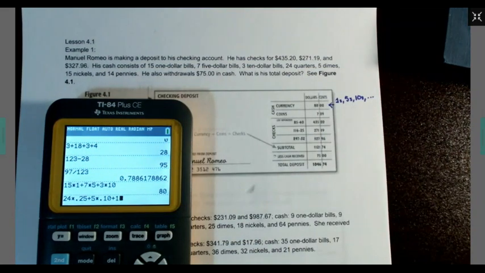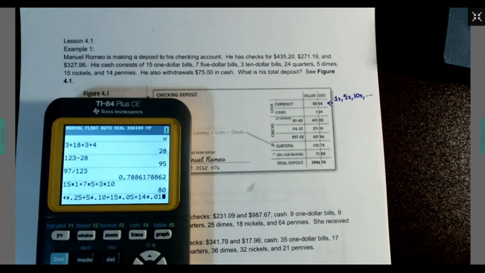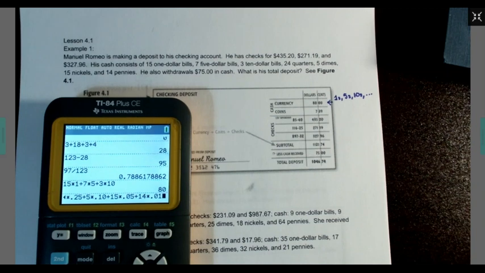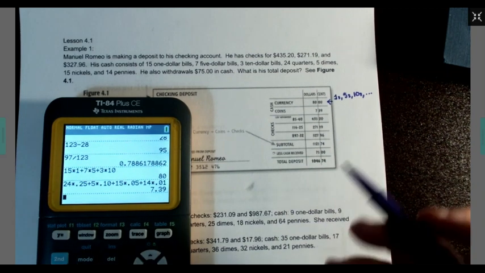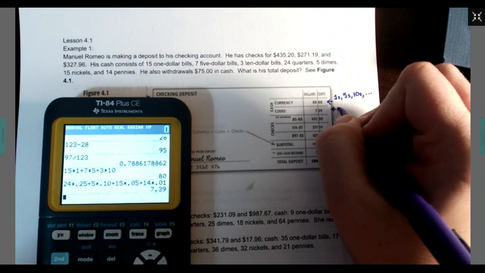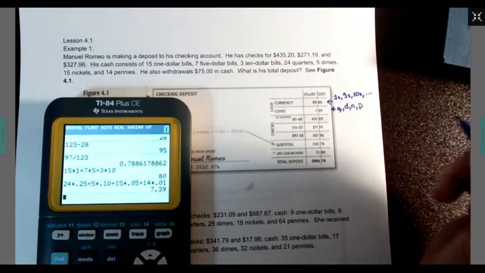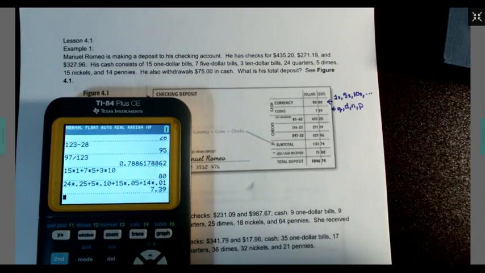Now remember, those are 5 cents a piece. So that's 0.05. And 14 pennies, which are worth 1 cent a piece. So that's 0.01. That gave us $7.39. So again, these are our quarters, dimes, nickels, pennies, and so forth.